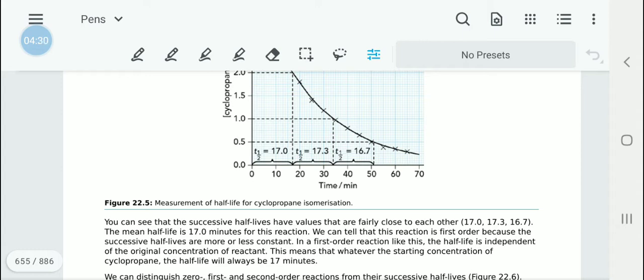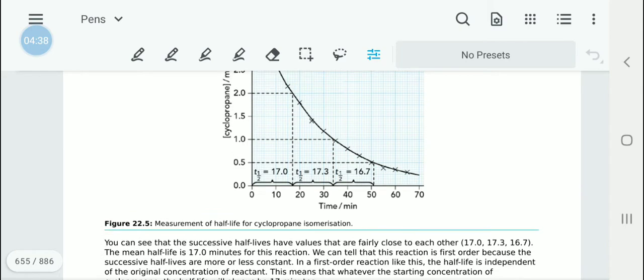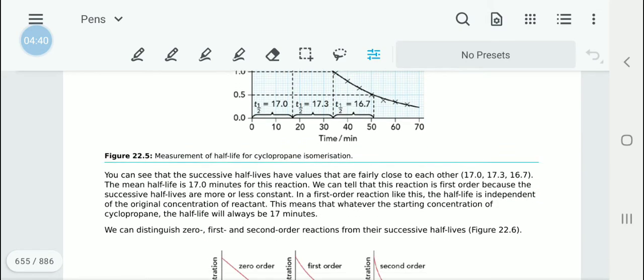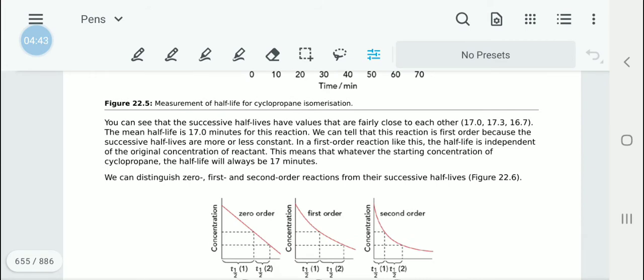Therefore, if the half-lives are more or less constant, we know that it is a first order reaction, because the half-life is independent of the original concentration of the reactants.